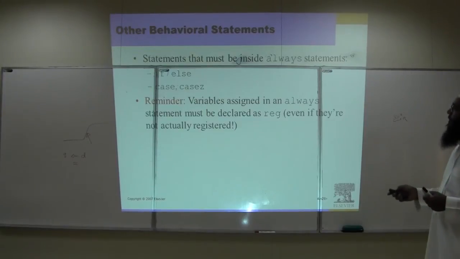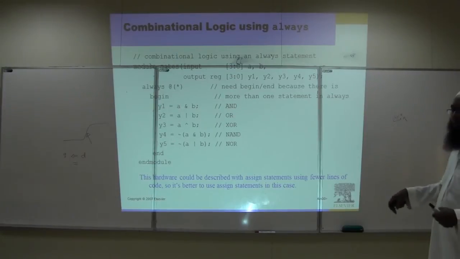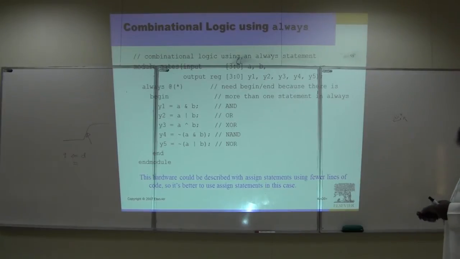But if you have more than one statement, different statements, then you should write begin and end, and inside it you write your statements. Actually this is just an example of how to use this star. It just calculates AND, OR, XOR. There is nothing special, just for exercise.